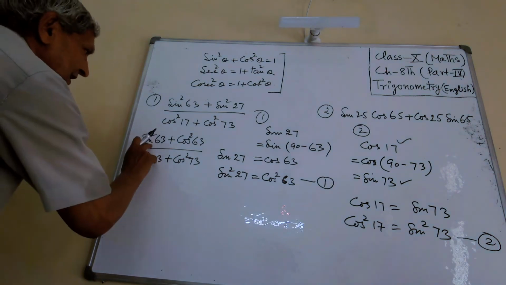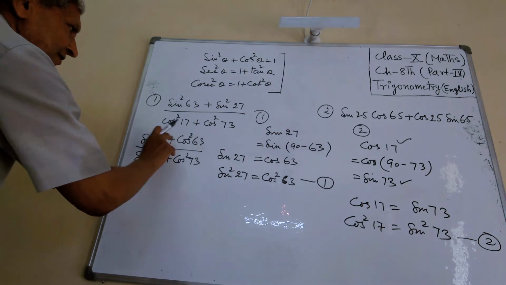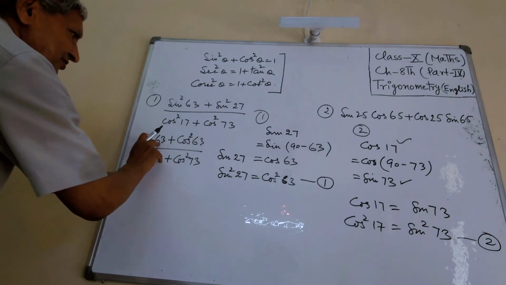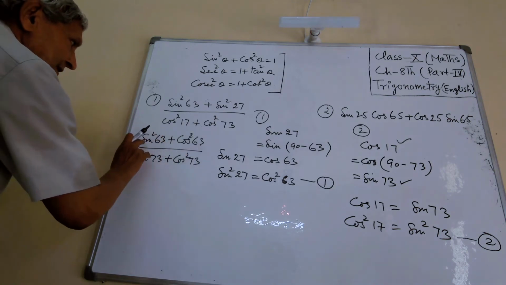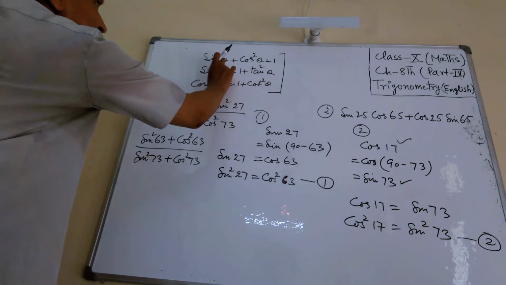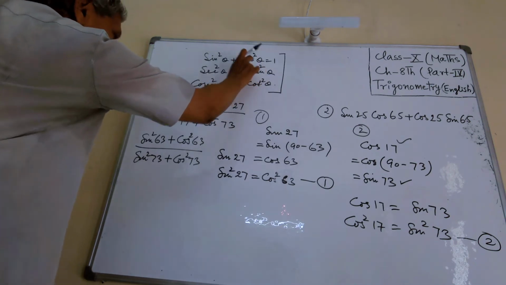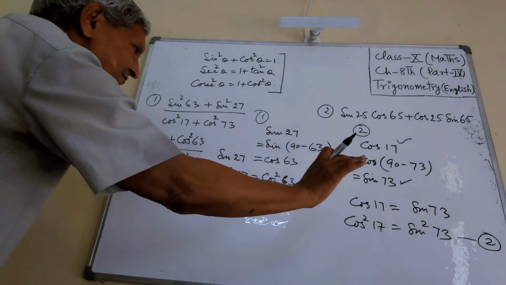Now, sine square theta plus cos square theta. Here, in place of theta, 63. Angle should be same. Sine square, cos square. Here the angle is theta, here is theta. Here is 63, here is 63. This makes no difference.